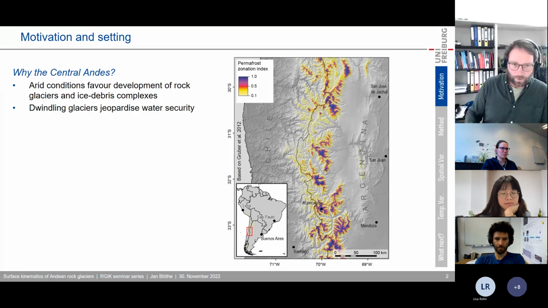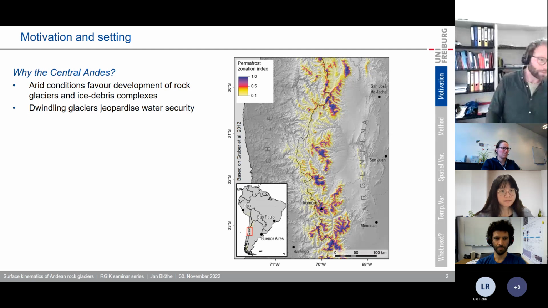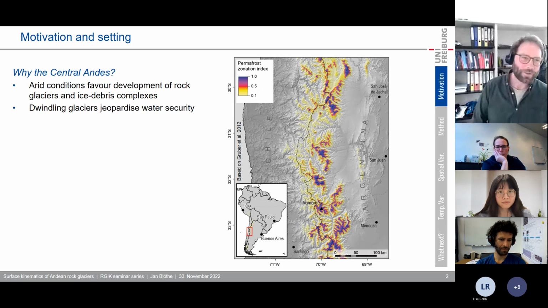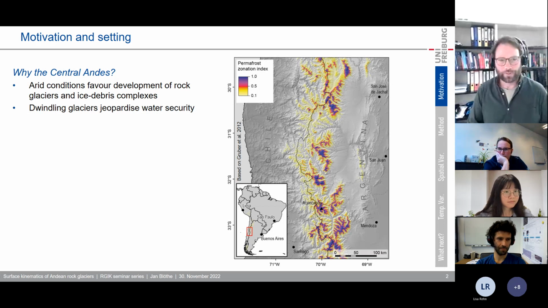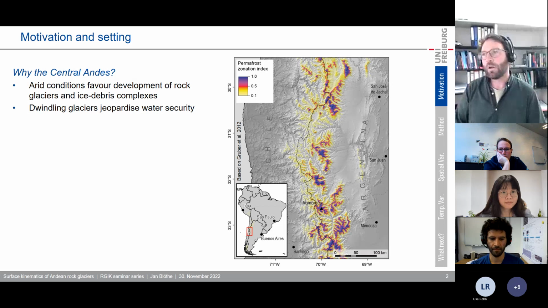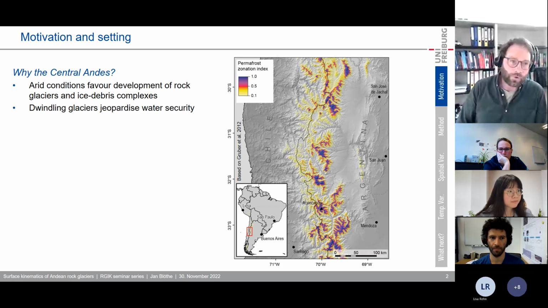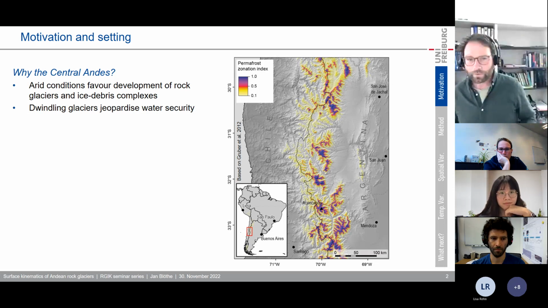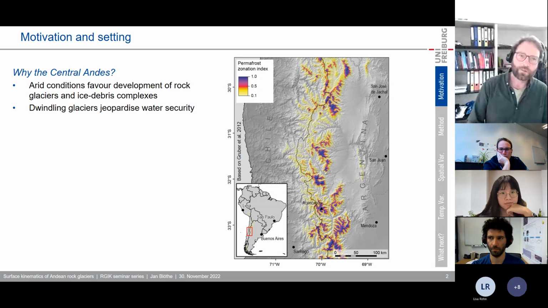When I refer to ice debris complexes, as I published a paper on this before the guidelines of the Rock Glacier Inventory Group were published, I'm referring to glacier-connected rock glaciers, transitional landforms that develop a rock glacier type in the lower parts, but are connected to ice glaciers or even debris-covered glaciers in the upper parts. In the light of climate change, we are facing dwindling water resources. Glaciers are diminishing, and that jeopardizes water security, especially in arid regions.